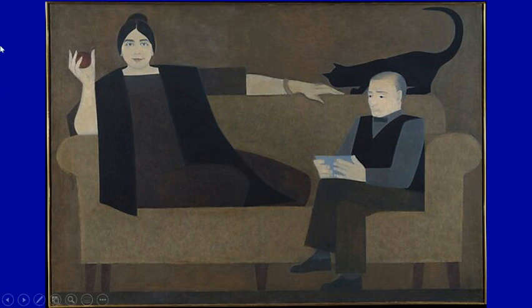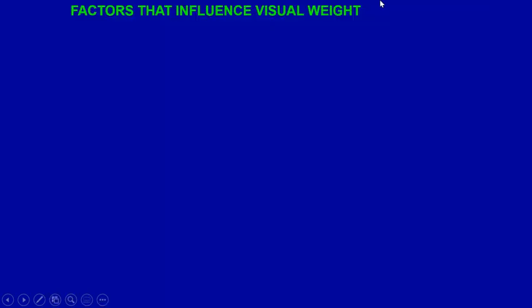For example, in this painting, the large woman on the left is balanced by the small guy plus the cat. These two are smaller shapes than the woman, but because they are a little more complicated and have higher contrast, they attract our eye just as much as the large woman does, and it creates a balance.